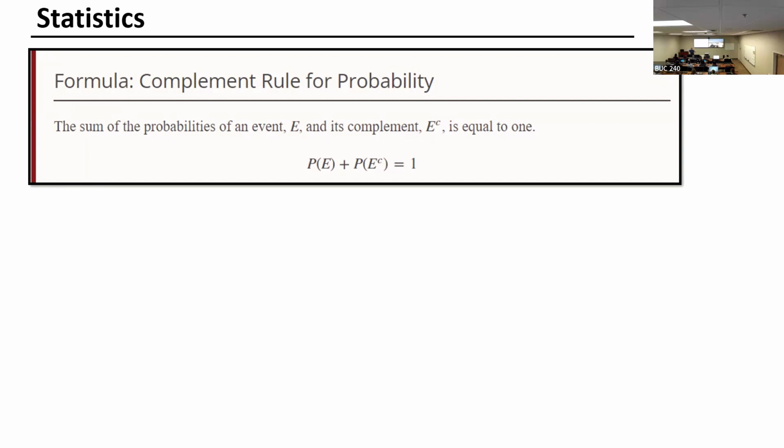But this is going to become important later on, especially for you calculator users, because you all want to use your calculators. Whenever I start saying later on, hey, I need to take the area under this curve so we can find the probability, your calculator is only going to give you this, but you need this. Well, can't you just take this and subtract that from 1 to get this?